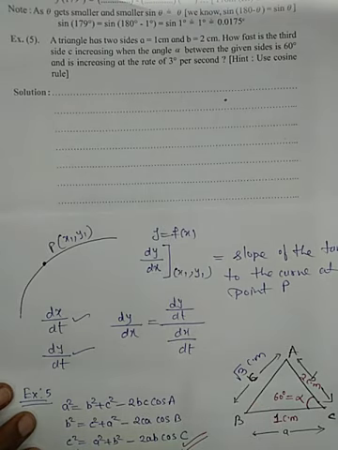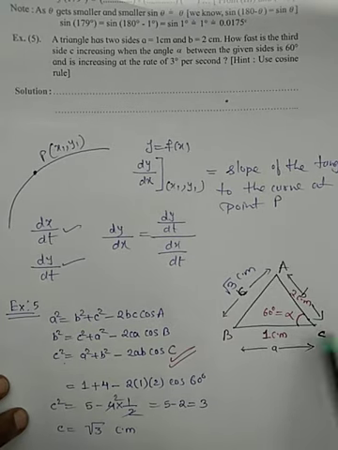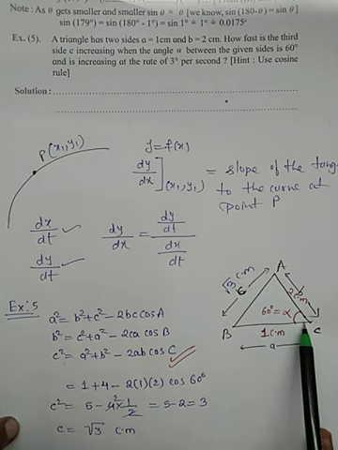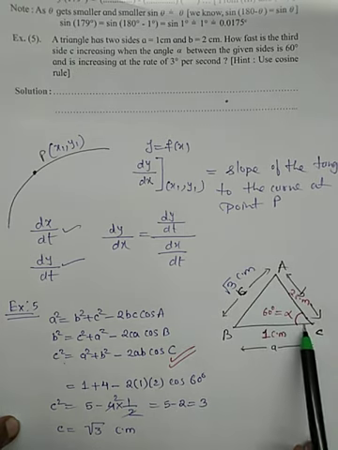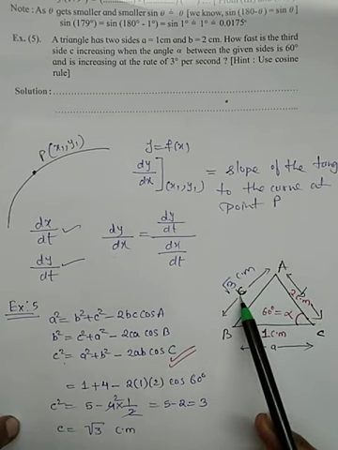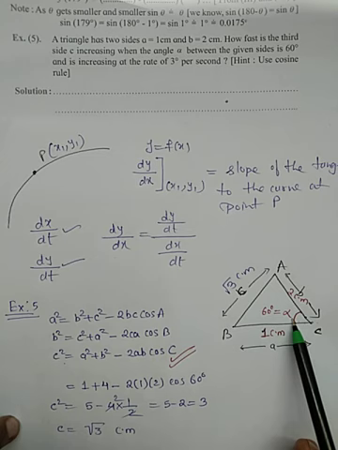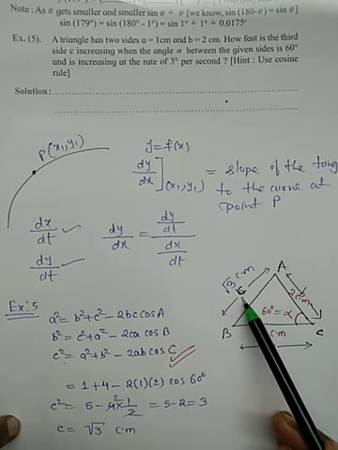This 3 degree indicates the rate of increase of the angle. When the angle is increasing by 3 degree per second, what is the increase in side C per second?